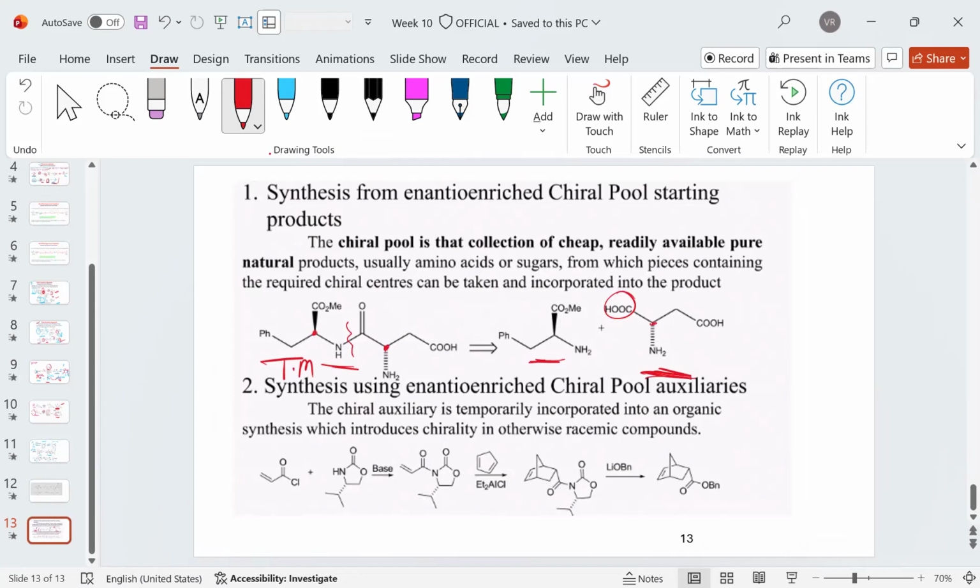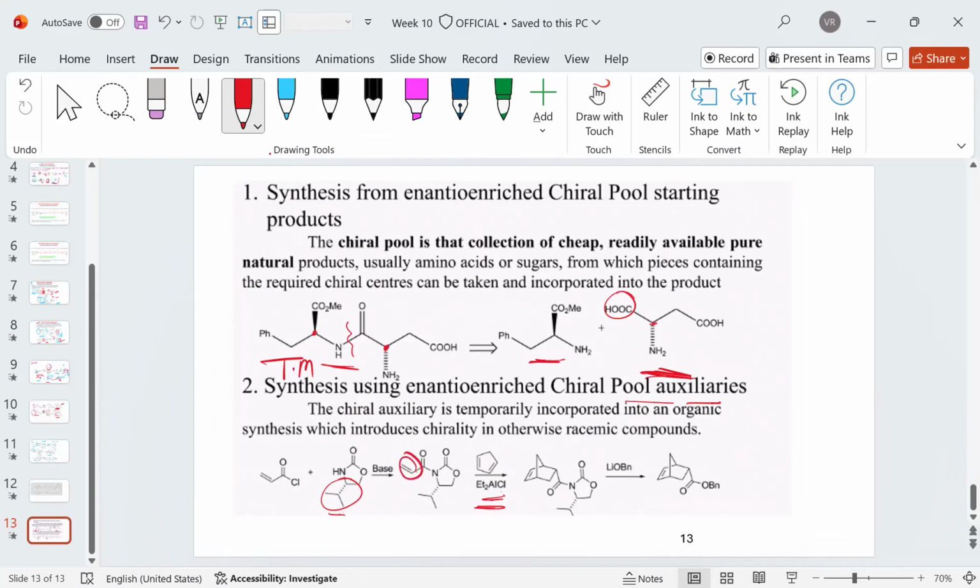In the other example, the synthesis involves a chiral auxiliary. Basically, an acyl chloride is added in a similar manner, with the same chiral auxiliary which has some steric bulk. Here we used diethylaluminum chloride, which is just a kind of Lewis acid.